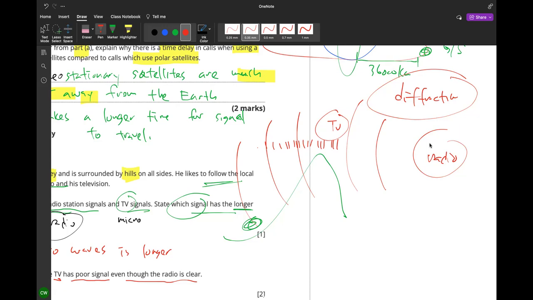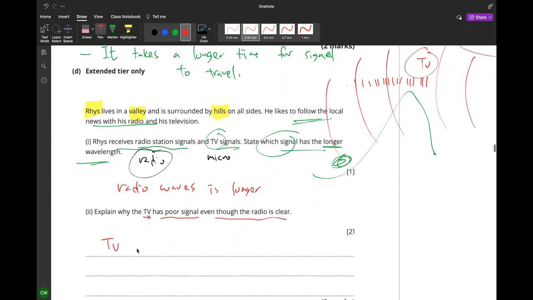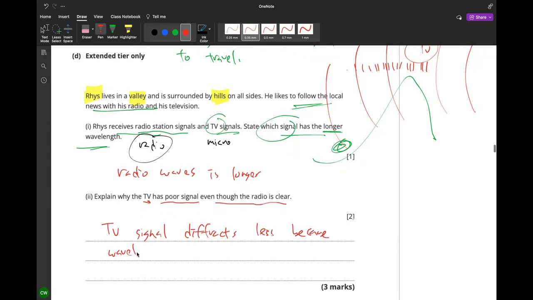The shorter one deflects less. So TV signal deflects less because of the shorter wavelength, it cannot travel too far. TV signal deflects less because wavelength is shorter.